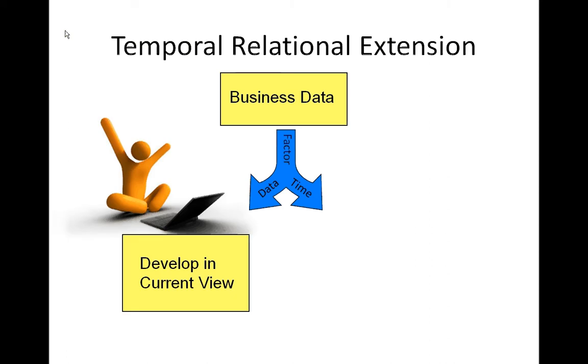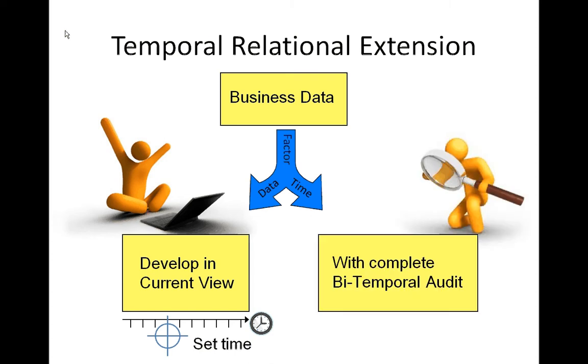Before we begin the demo, I'd like to explain a few of the principles behind TRE. You begin with the business data that you wish to model. If you factor the time away from the data, you're left with a current view schema in which to develop. We think this is the most natural and efficient way of working with a relational database. The only thing that TRE demands of you is that before you run your insert, update, deletes or selects, you set the time so that TRE knows what the context of the command is.